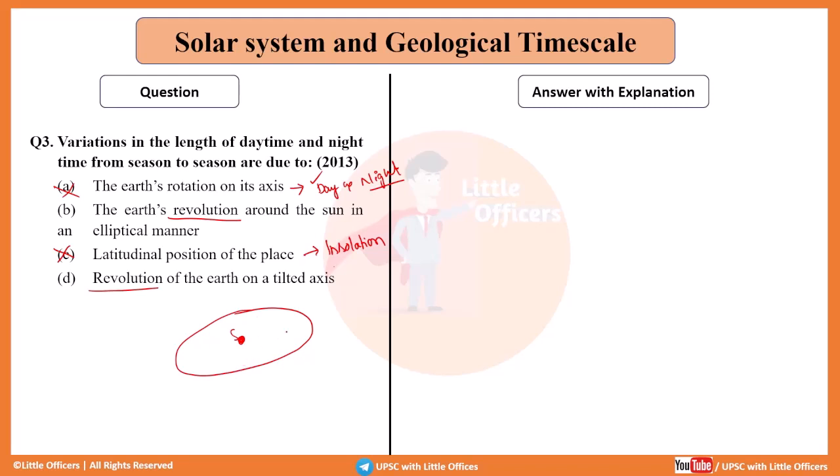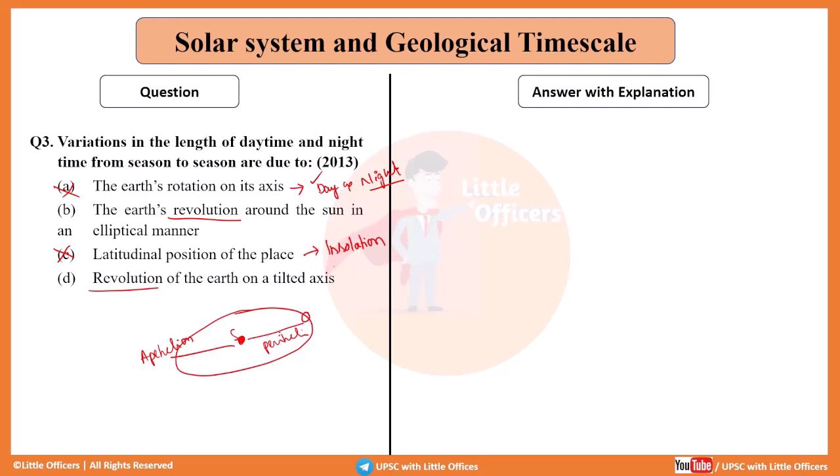As a result, at sometimes the earth will be nearer to the sun in the revolution, and sometimes the earth will be farther from the sun. When it is nearer, we get perihelion. When it is farther, we get aphelion. As a result, there will be a difference in the insolation, but not in the duration of the day and the night.